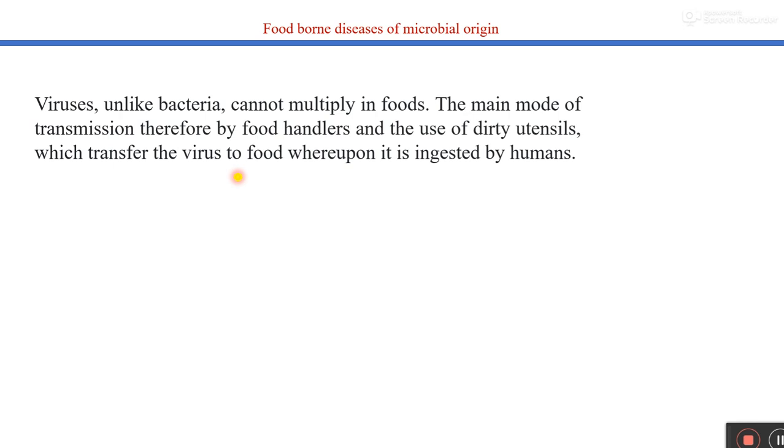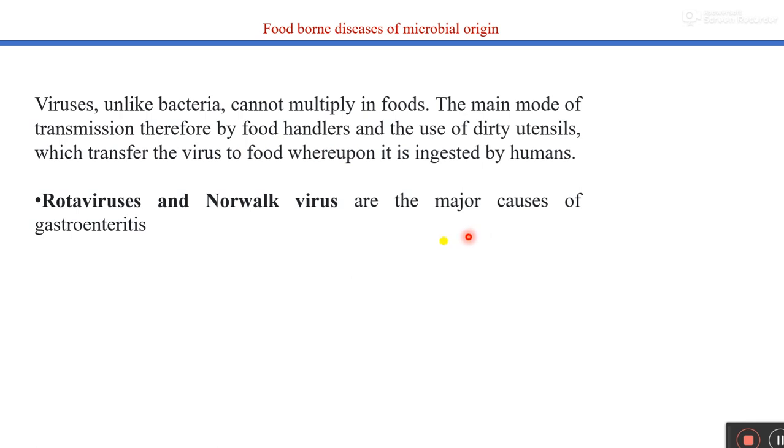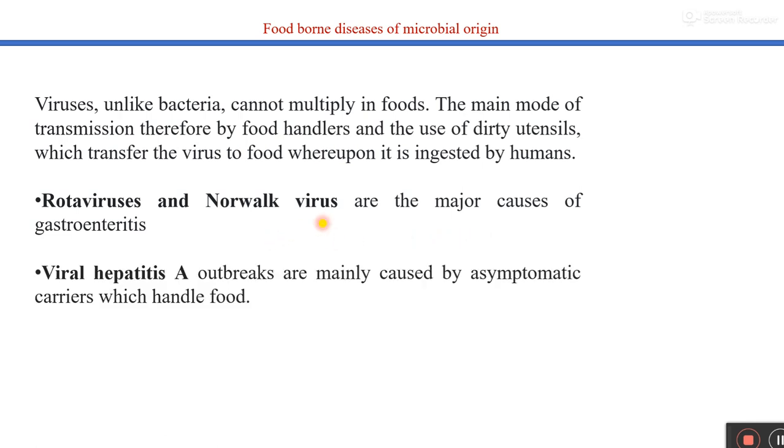So some viruses are also responsible for the development of foodborne diseases in humans. These are rotavirus or Norwalk virus, and second is viral hepatitis A. Generally virus, unlike bacteria, cannot multiply in food, and the main mode of transmission therefore is by food handlers or by the use of dirty utensils which transfer the virus to food, whereupon it is ingested by humans.